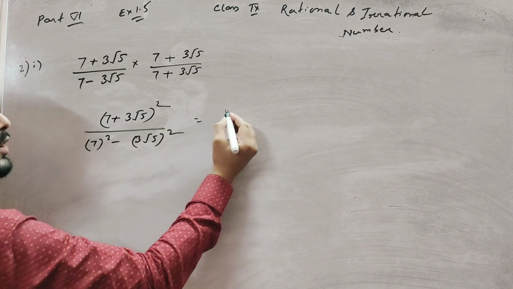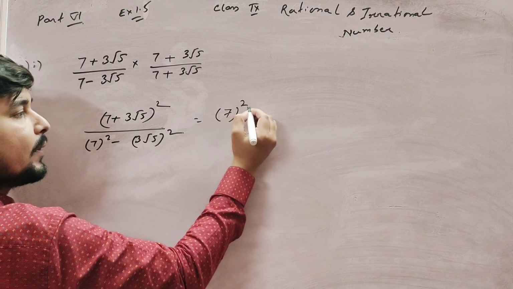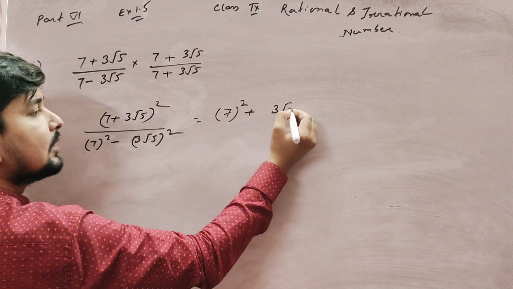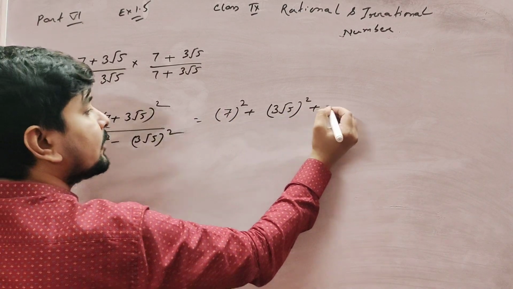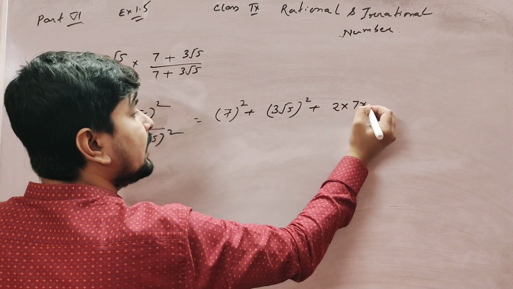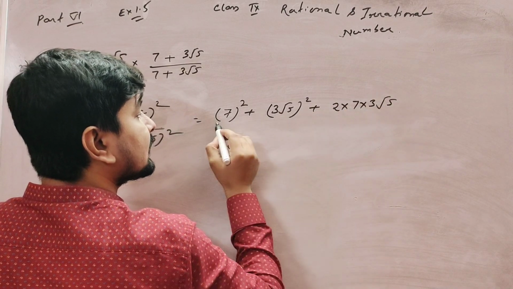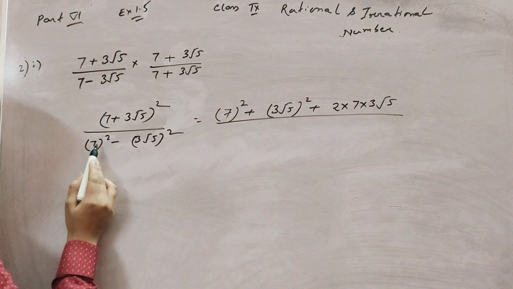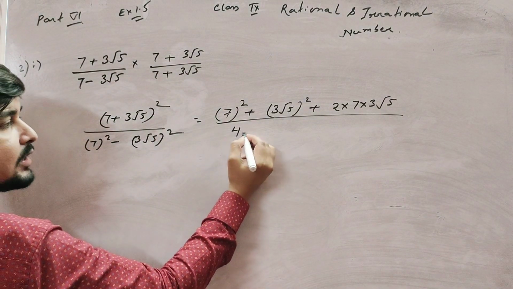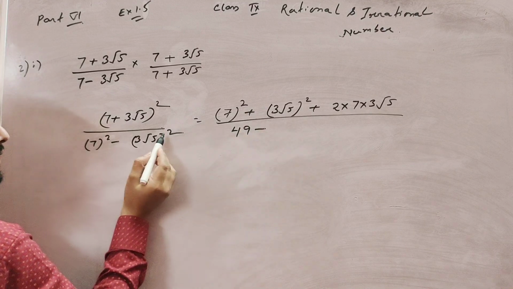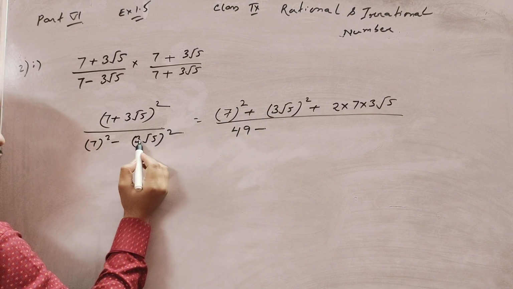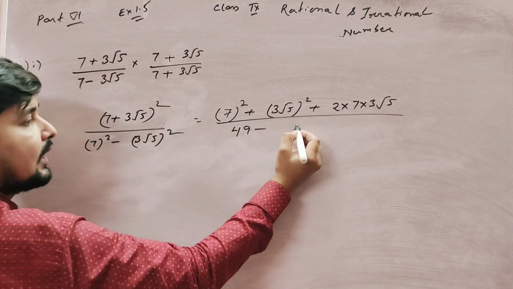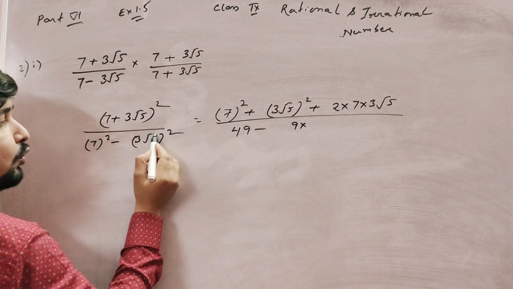The a plus b whole square formula is a square plus b square plus 2 into a into b. Done. And this is 7 square. 7 square is 7 into 7, 49, minus 3 root 5 square. Square of 3, it's 3 into 3, 9, into root 5 square.